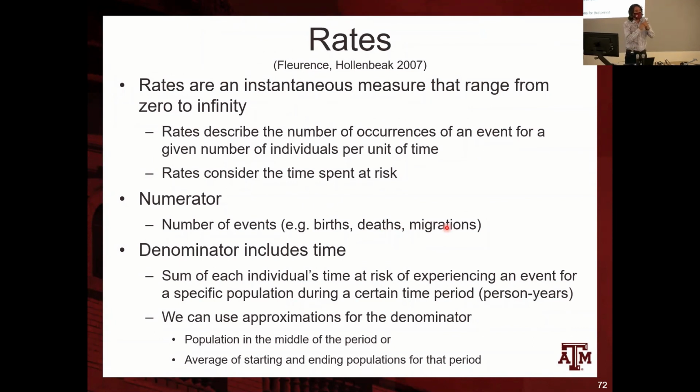The denominator in rates includes time. So for example, the sum of each individual's time at risk of experiencing an event for a specific population during a certain time period, that's the best measure to be included in the denominator of a rate. And it's called by demographers person years.